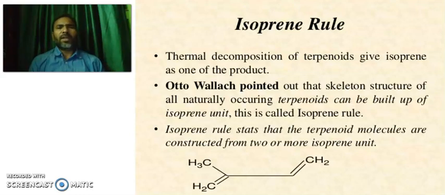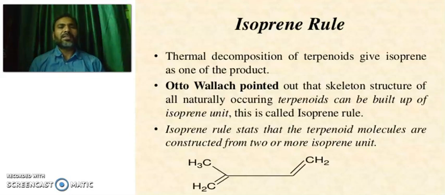Otto pointed out that the skeleton structure of all naturally occurring terpenoids can be built up of isoprene units. This is called the isoprene rule. The isoprene rule states that terpenoid molecules are constructed from two or more isoprene units.